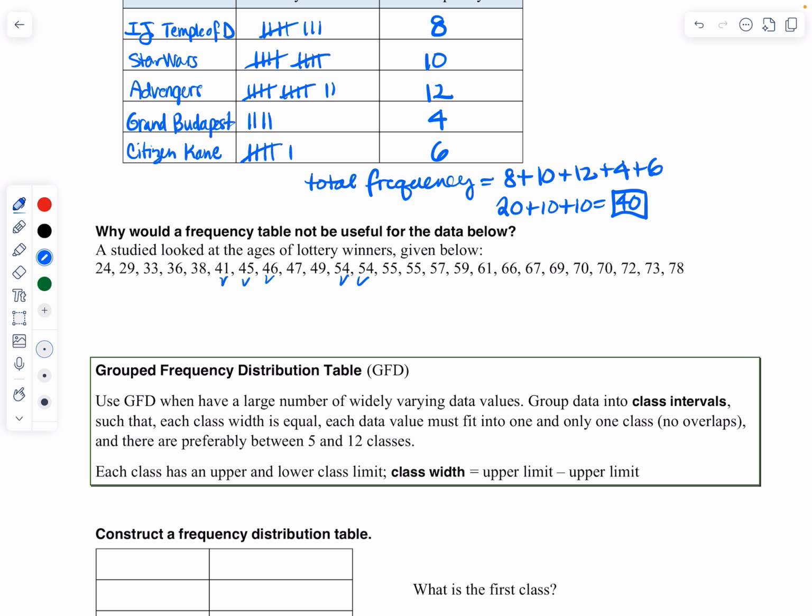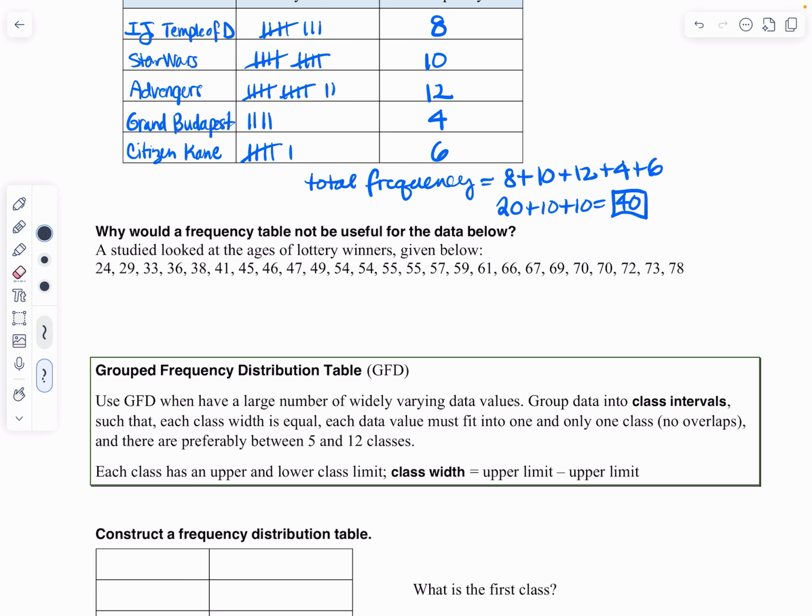The 54 has 2 and 55 has 2, but if you only have 2 people per frequency, it doesn't really make sense to do a frequency table. Usually you want more than just a couple, and you definitely don't want just one per data value. So anyways, that's why a frequency table wouldn't be useful for that data.